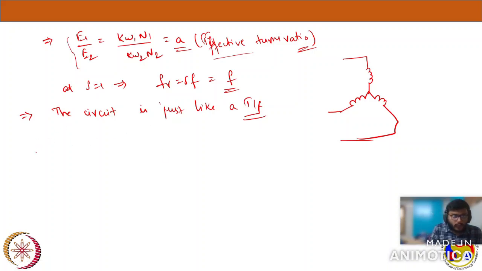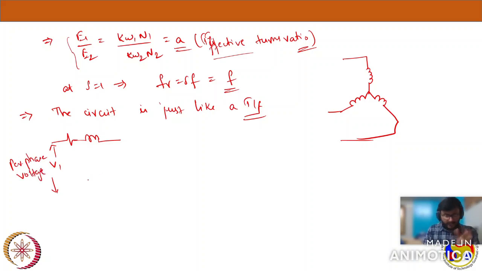I'm trying to draw the equivalent circuit of a transformer first, assuming that S equals 1, because we just checked that at S equals 1, my induction motor behaves just like a transformer. So let me draw it now. This is the primary and V1, the per phase supply voltage.